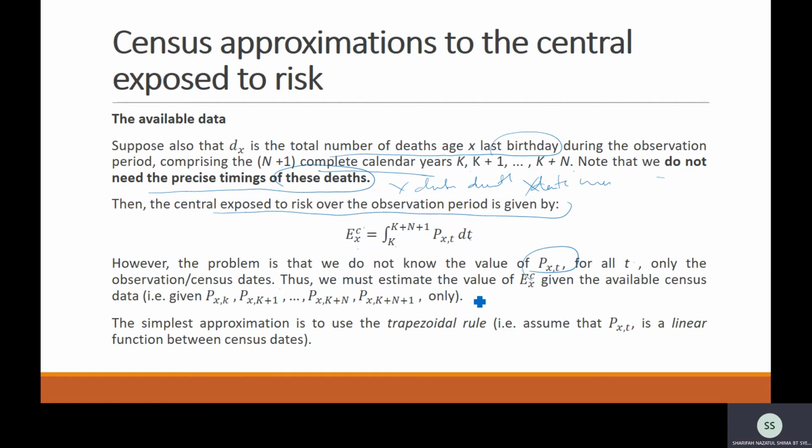So we must estimate the central exposed to risk given the available census data. The simple approximation uses the trapezium assumption.